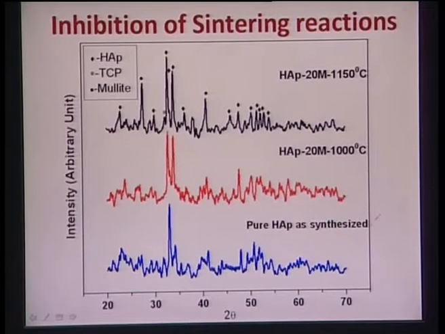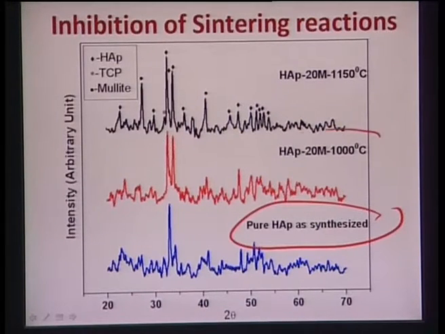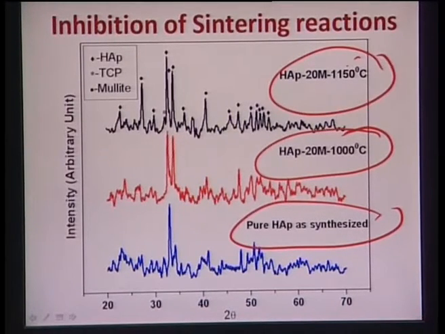This is the hydroxyapatite as synthesized, and when you sinter it by SPS at 1000 or 1150 degrees Celsius, we do not see any presence of tricalcium phosphate except in the 1150 degrees Celsius samples, and there is no other reaction product like calcium aluminosilicate or alumina or silica. Those kinds of reaction products are not there. So it is very clear that if you use spark plasma sintering, you can avoid those sintering reactions and retain both hydroxyapatite and mullite phases in the microstructure.